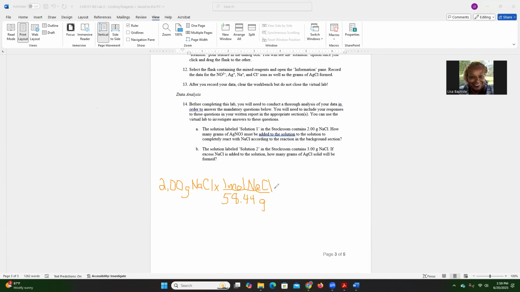Now, we want to go from moles of sodium chloride to moles of silver nitrate. Like we said before, it is 1 mole of silver nitrate for every 1 mole of sodium chloride. MOL is the abbreviation for mole.